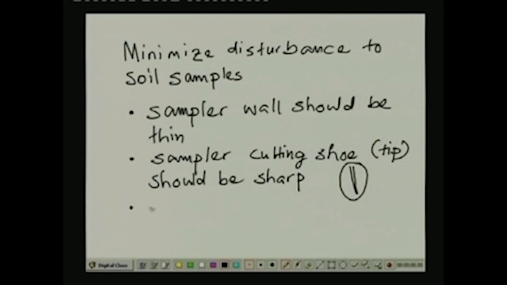Then you could have a piston to preclude unnecessary entry of soil from outside of the outer diameter of the sampler. So, these are typical measures that can minimize sample disturbance.